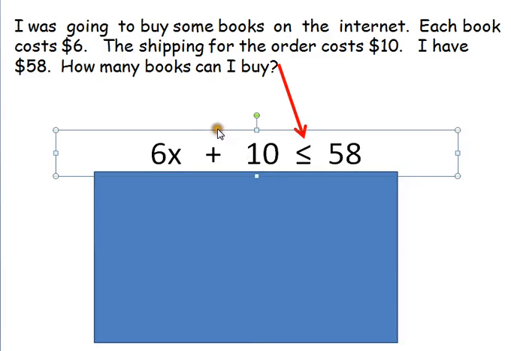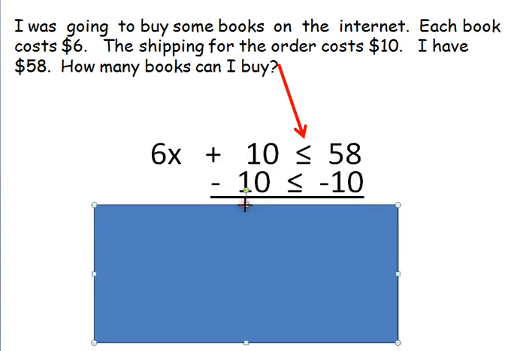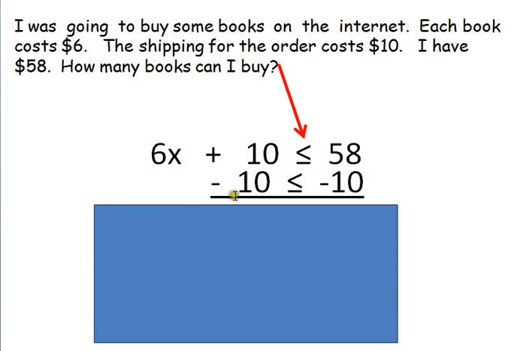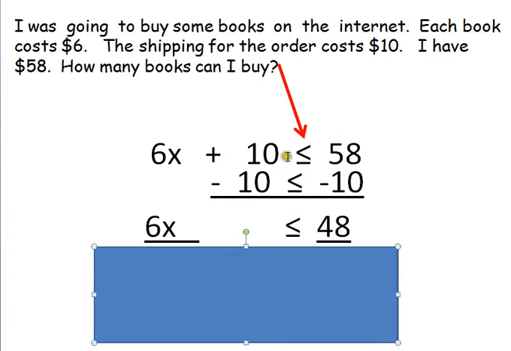So we're going to try to get this x by itself. So we need to do the inverse operation. The first thing, we need to subtract this 10 from both sides. Okay? Subtracting it from both sides to get this x by itself. So what I'm left with, like I showed you before, I have to keep this sign the same.